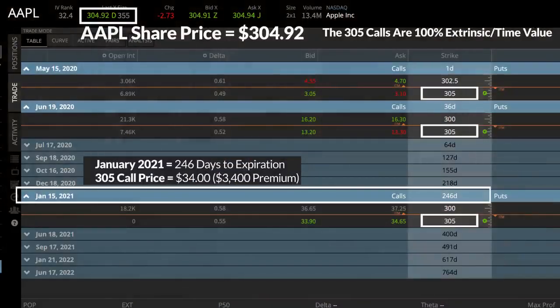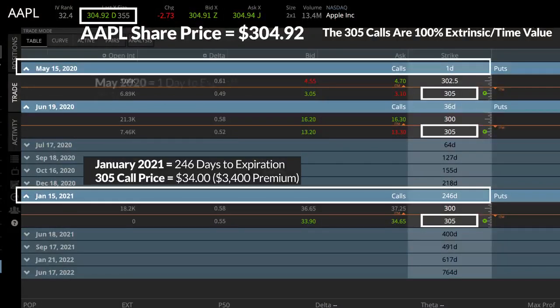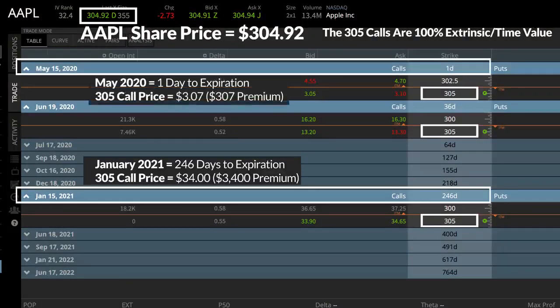If we look at the 305 call option in the May expiration cycle, this option expires in one day, and the cost or premium of that option is $307, which is the price of 3.07 times 100.